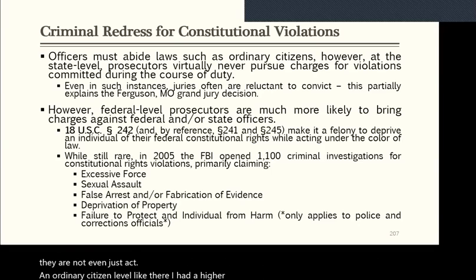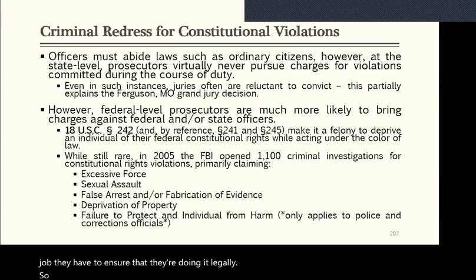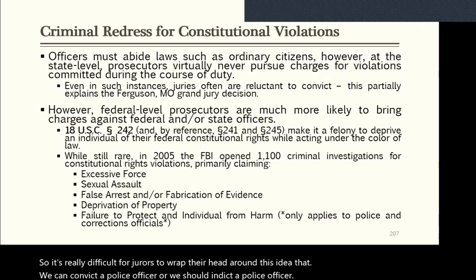Because as part of their job, they have to ensure that they are doing it legally. So it's really difficult for jurors to wrap their head around this idea that we can convict a police officer or we should indict a police officer, right?